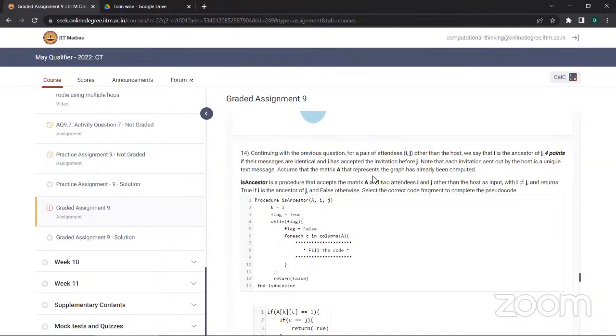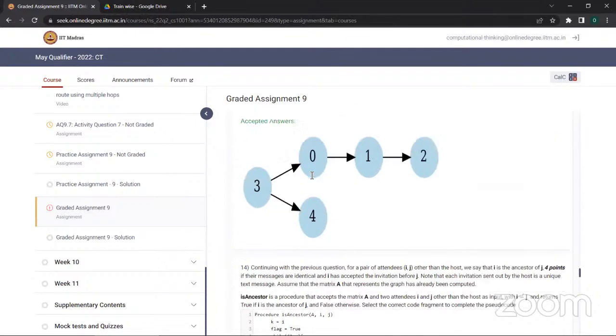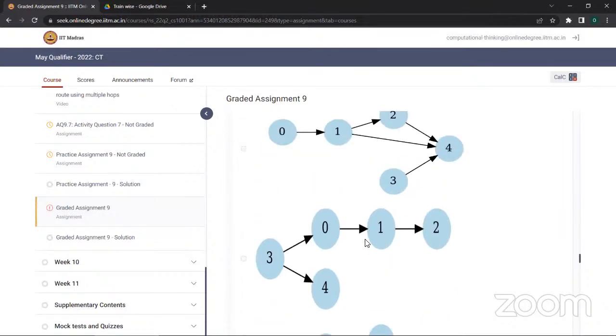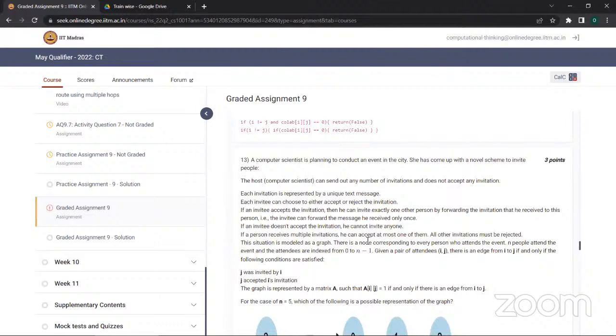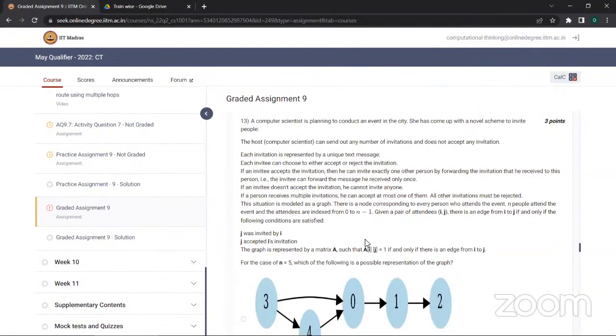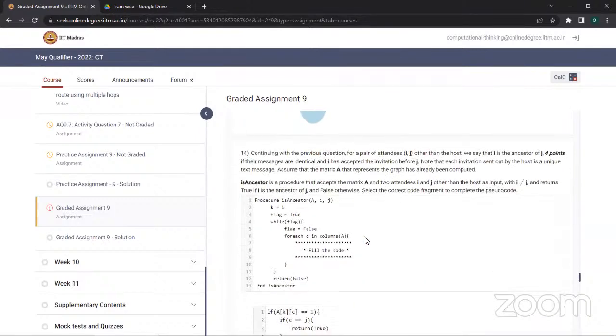Okay, fine. Just give me a minute. Let me go through the whole thing before I start explaining. Okay, sir. There is some previous question. This is that messaging thing. This is the same thing we discussed in the last solve session. Yes, sir. Exactly.